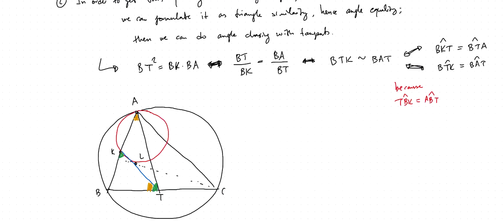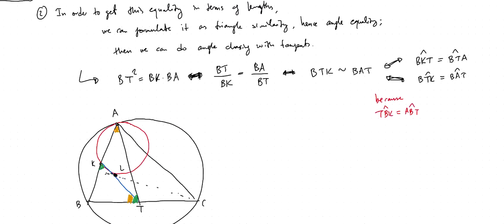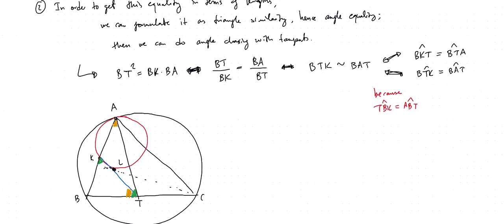By the way, let me also tell you something else. Another way to see this whole thing, instead of triangle similarity, there is a shortcut way to think about it. Namely, it is this: BT squared equals BK times BA. This equality is equivalent to saying that the circle AKT is tangent to the line BC. Can you see?